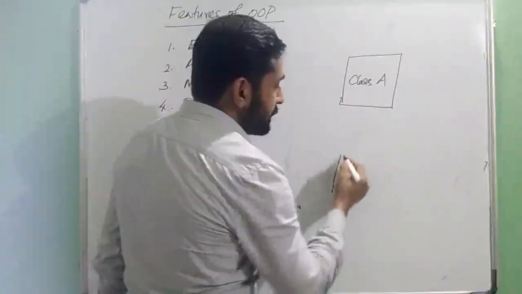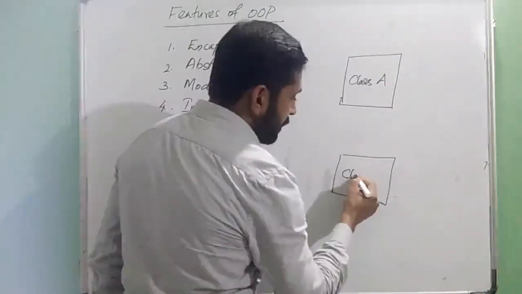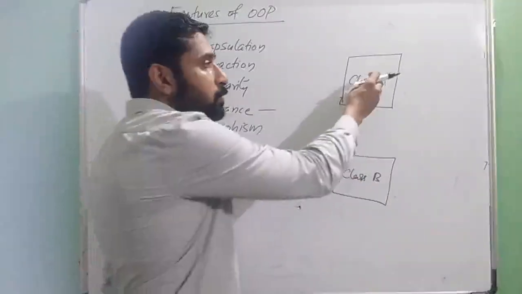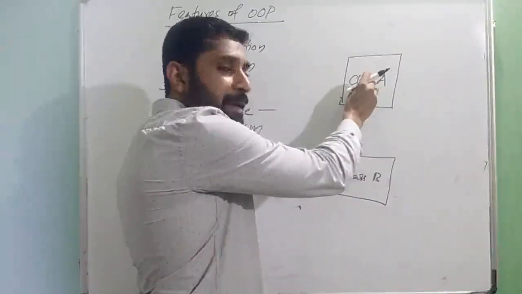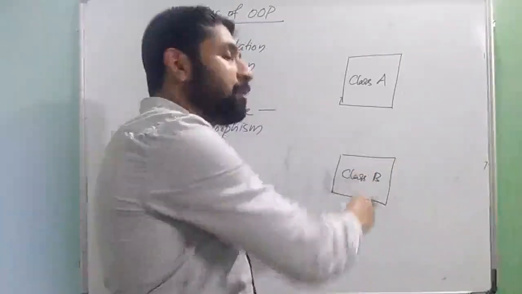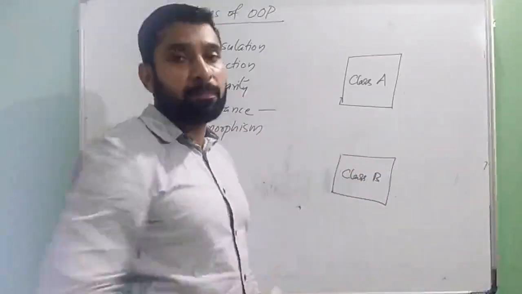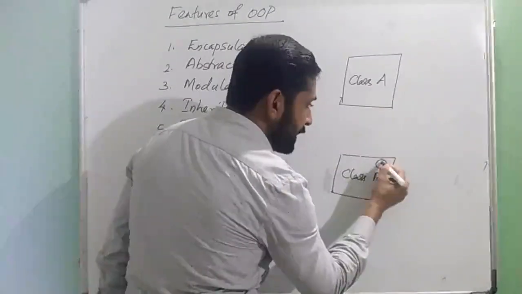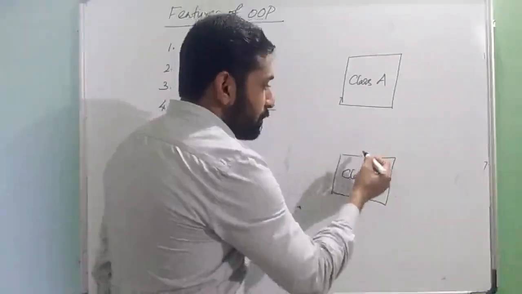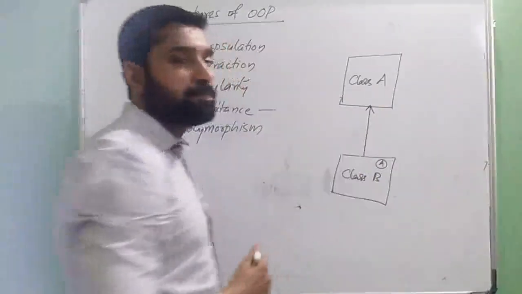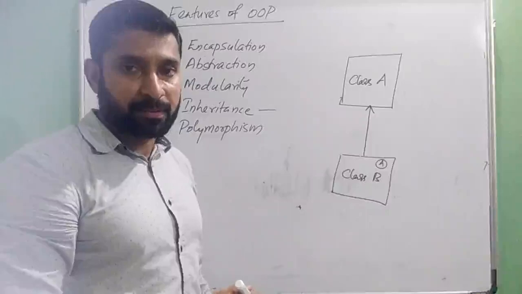We are going to create another class, say class B. We want to take some properties of class A to B, and we will give some additional properties to B. So we inherit the properties of A to B. This is called inheritance.